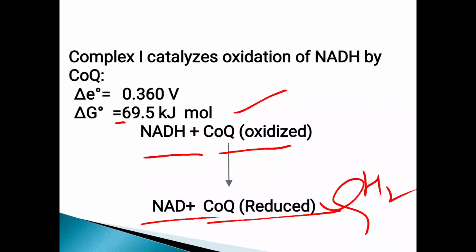I forgot to put the slash here, so this is per mole. So -69.5 kilojoule per mole is the amount of free energy that is released from the transferring of the electrons from the enzyme complex 1 towards the quinone, ठीक है.